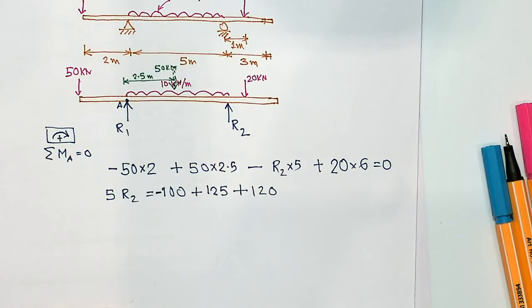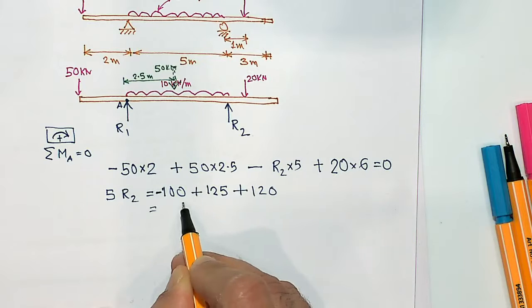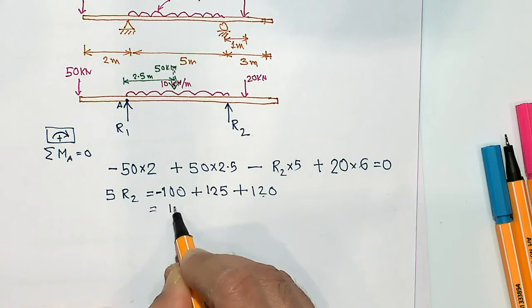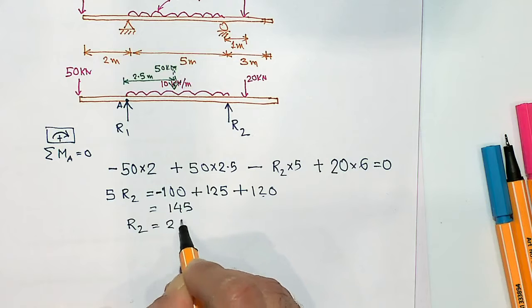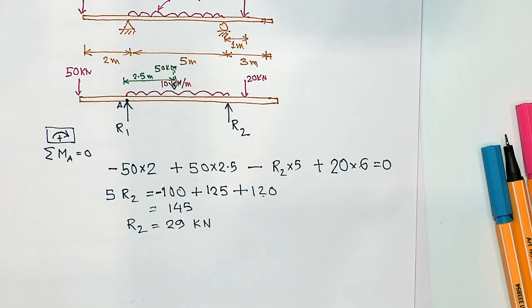Okay, so that is R2 times 5, which is 145. So R2 would be 29 kilonewton. Check the calculation. So probably R2 is 29 kilonewton.